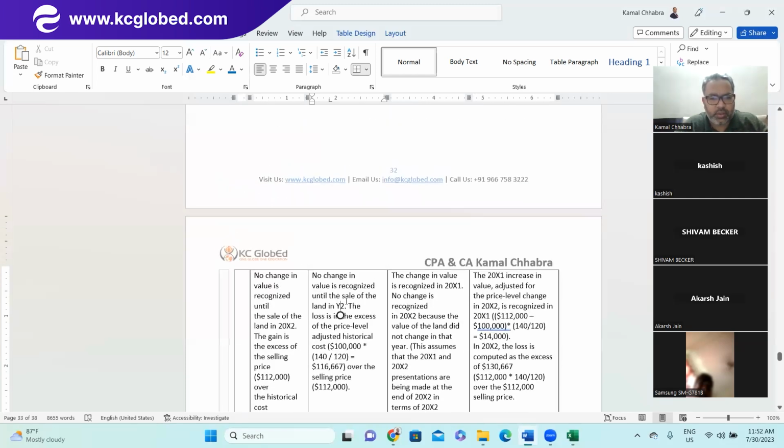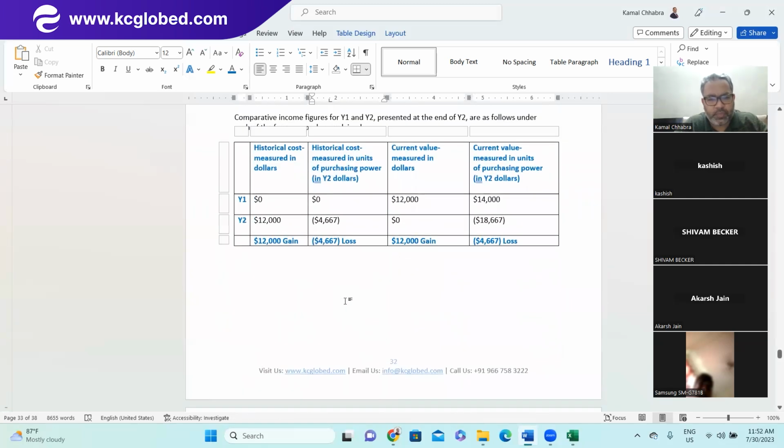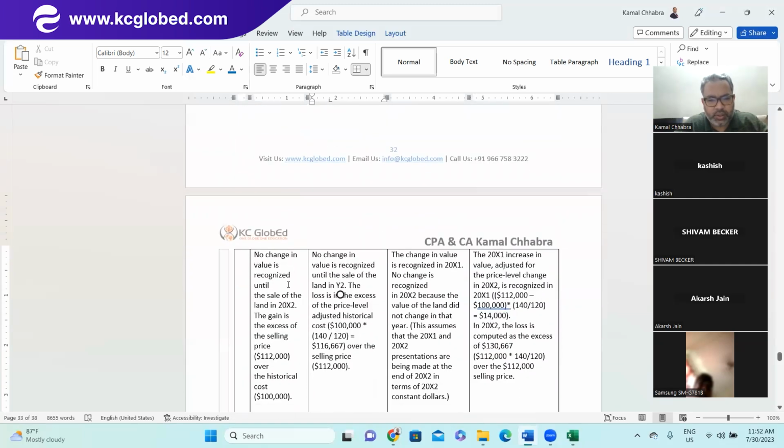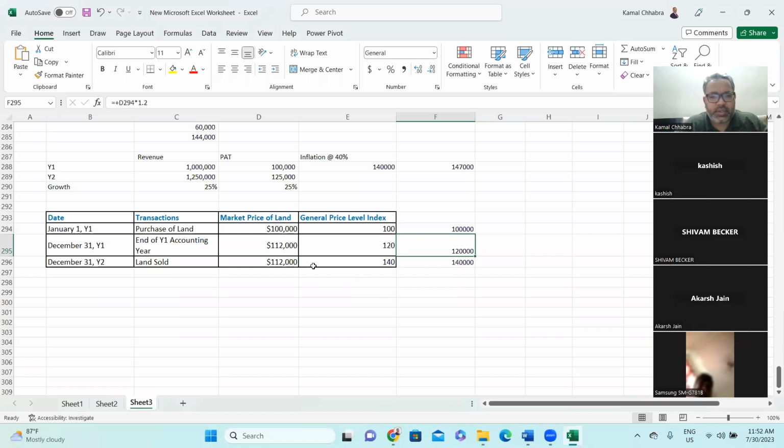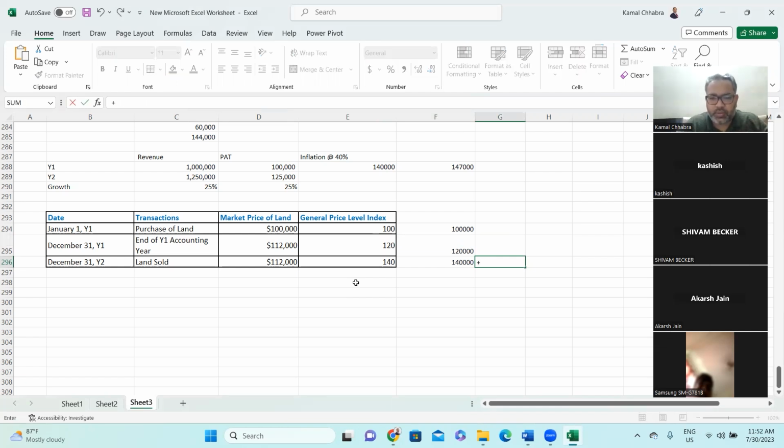So let's go to the first one. Again, no change in the value recognized in the year, and in the year of sale there is a gain of 12,000, which we have already discussed. But here in the second scenario, the price index changes from 120 to 140. So this price level index, this divided by this, gets multiplied with the $100,000.